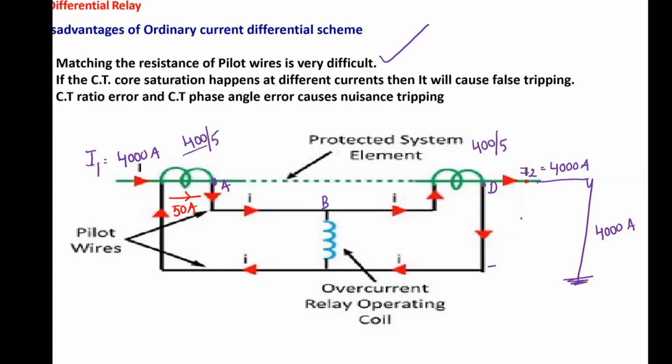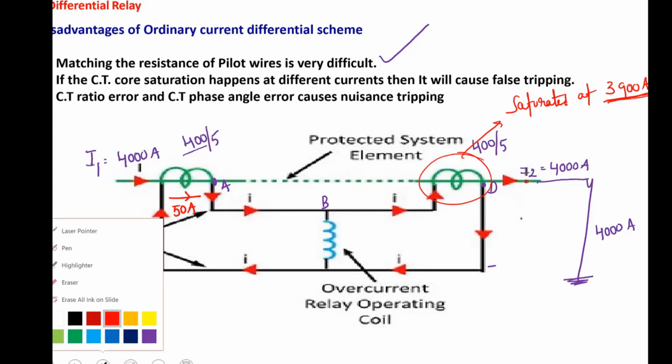Suppose this secondary CT saturated at say 3900 ampere, because the core saturation occurred at 3900 ampere. So even though practically 4000 ampere is flowing in the primary of the CT, since the core has saturated, it will only step down that to how much value? 3900 divided by 80.